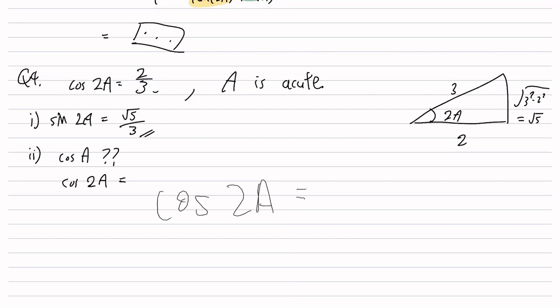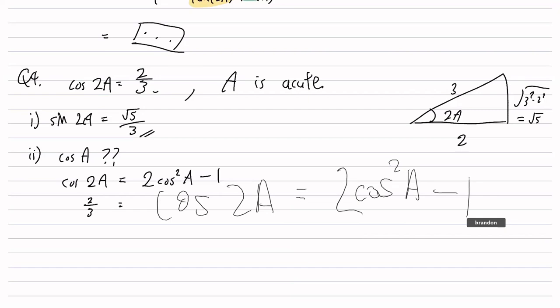But you want cosine A, right? You already know cosine 2A is 2/3. So 2 cosine square A minus 1. Very good. If you use any of the other options, you will introduce a sine square, which is not very good because you don't know what is sine square A. So this is a good option.